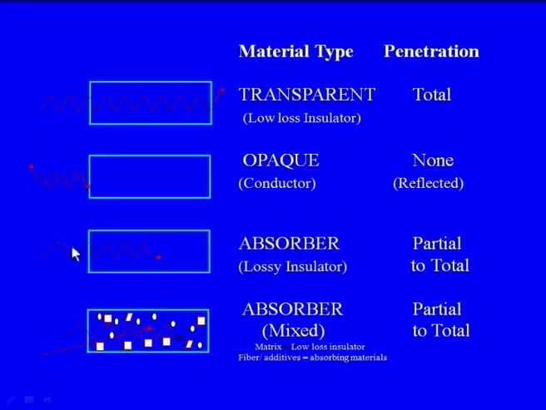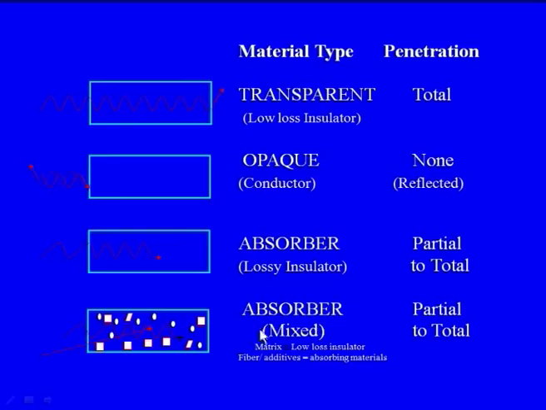In case of absorber, they will get absorbed inside the volume of the material. Some materials may be basically transparent, but if we mix some absorbing material inside, say these are the second phases, then because of the presence of this second phase, the microwave energy will be absorbed by the second phase and get heated up, and that heat energy will be given to the first phase, which is basically transparent.